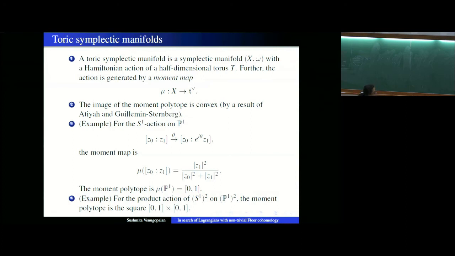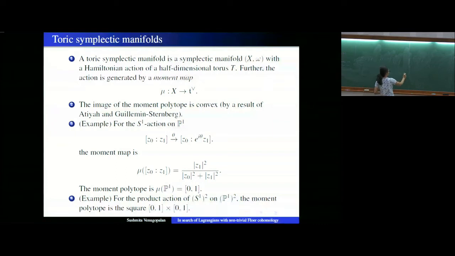The next example is a very silly extension of this example. I just take the product of the group, and I take the product of P1. And as you would expect, the moment polytope is also a product. And all the interior points are two tori.